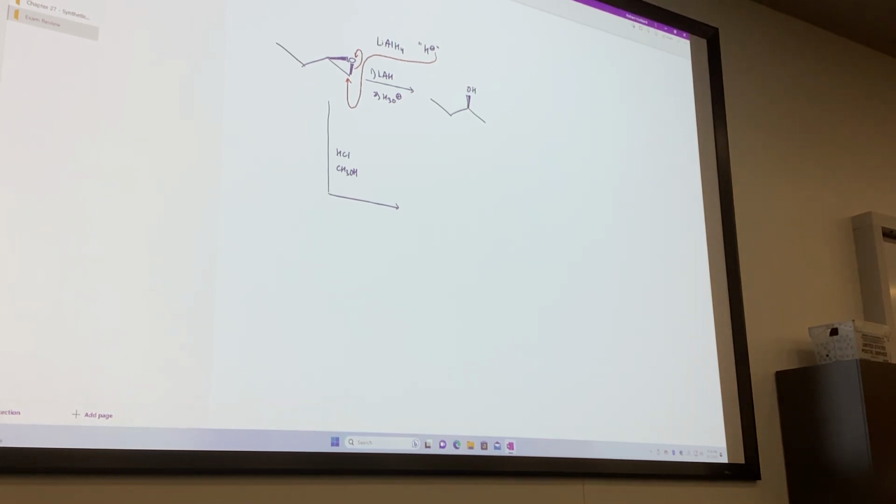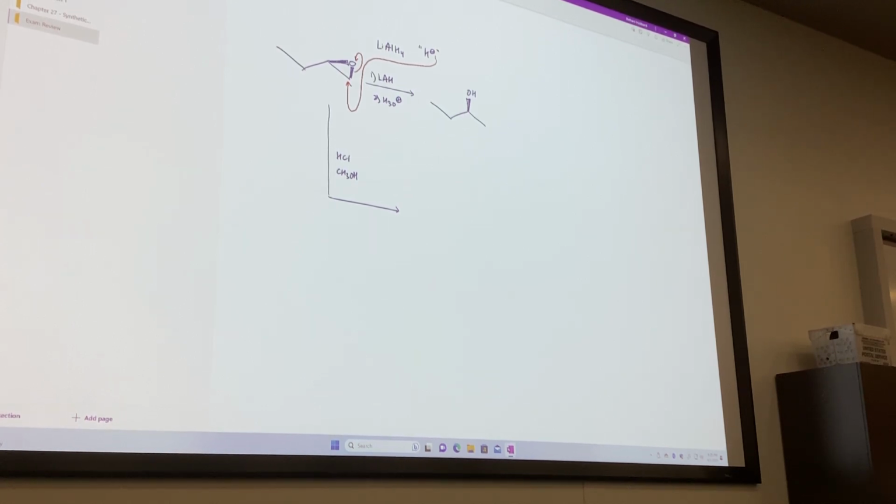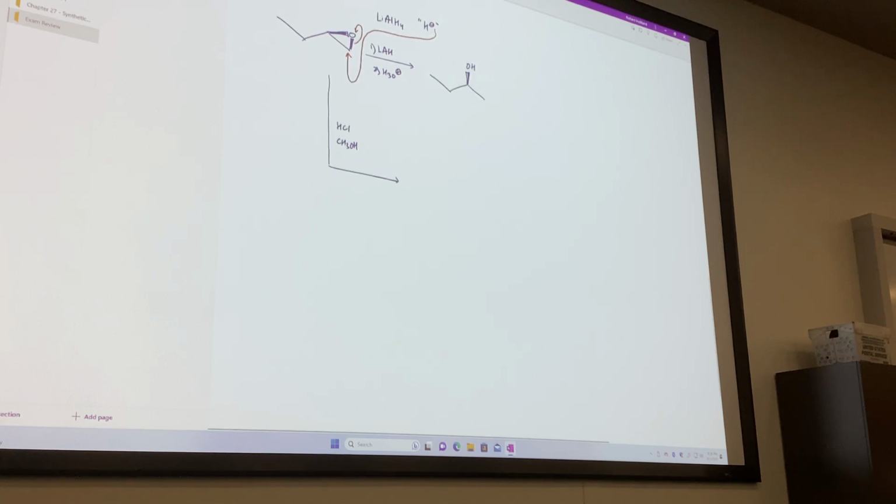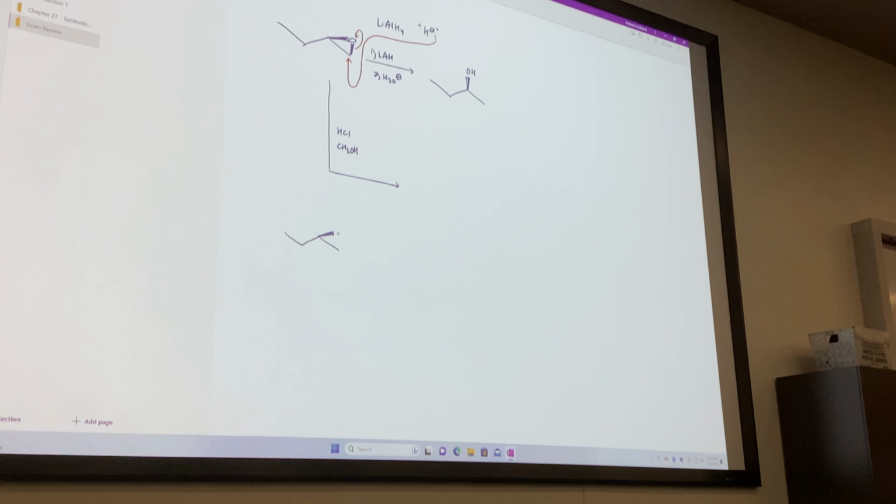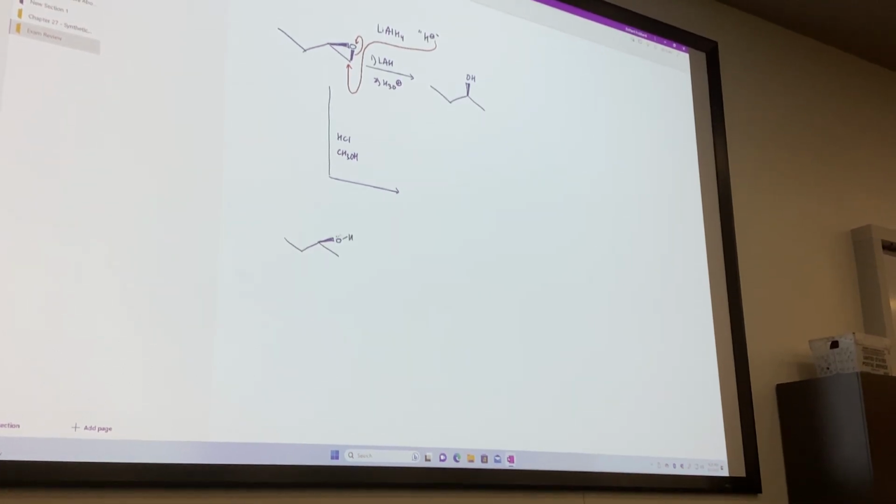What are we going to form? So we're going to create, let's think about our intermediate. This is going to have SN2 and SN1 properties. Epoxides can be a little confusing in that sense, right?